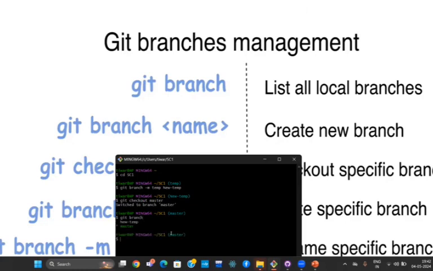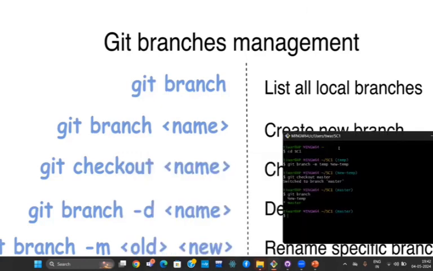It will list the branches that are present, three and more than three branches. We have different commits. Git checkout is already used, so I use git branch -d, with the name of the branch I want to delete, that is new temp. Okay, it is deleted.